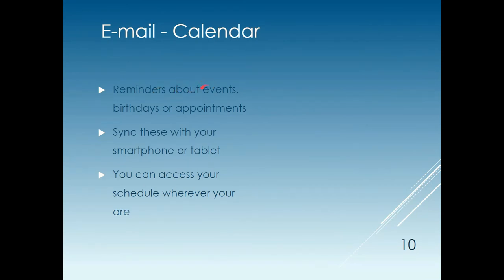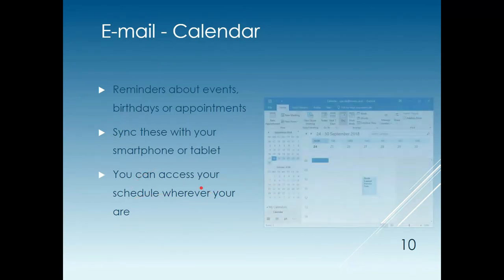You can sync these with your smartphone and your tablet, which means automatically if you update your appointments and your birthdays on your computer, you can also have the information displayed on your smartphone or your tablet. And you can also access your schedule wherever you are. Always bear in mind that having an internet connection is very, very important when it comes to electronic mail, which is our email.